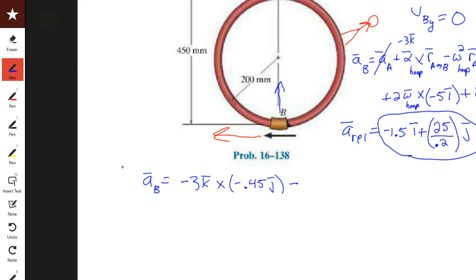Omega is 6, so omega squared is 36, times r, minus 0.45 j.